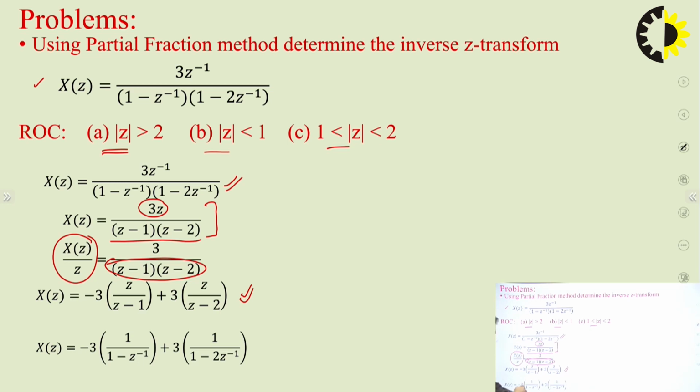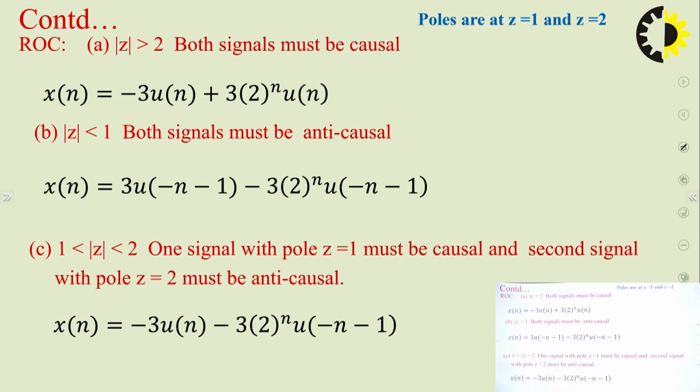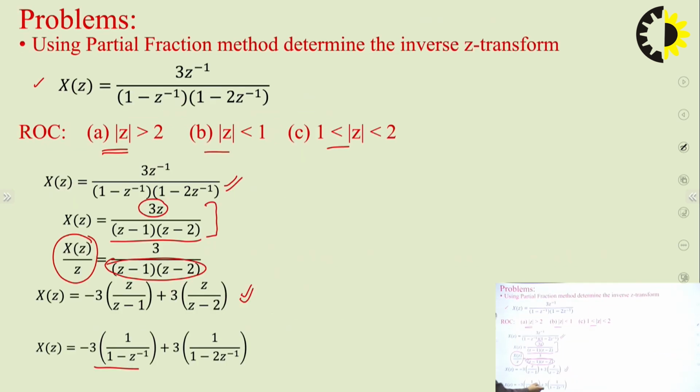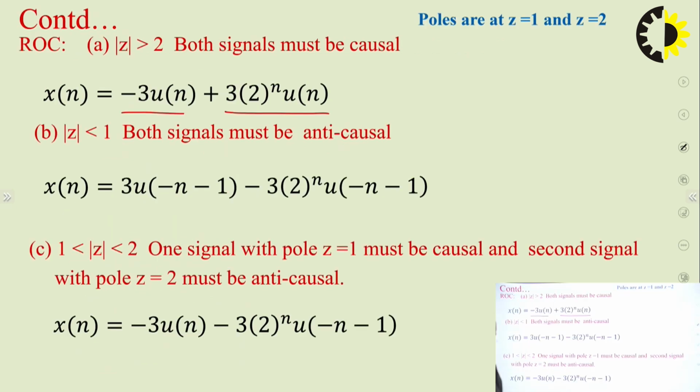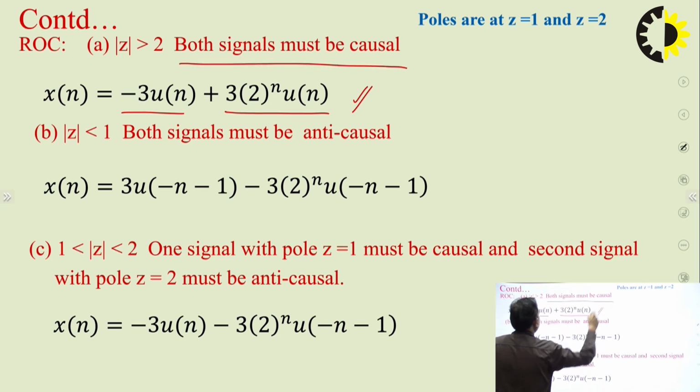So according to the causal signal, we will write it as minus 3 u[n] plus 3 into 2 to the power n u[n]. 2 to the power n u[n] is nothing but 1 upon 1 minus 2z to the power minus 1. So this is the solution when mod z is greater than 2. It means both the signals must be causal.